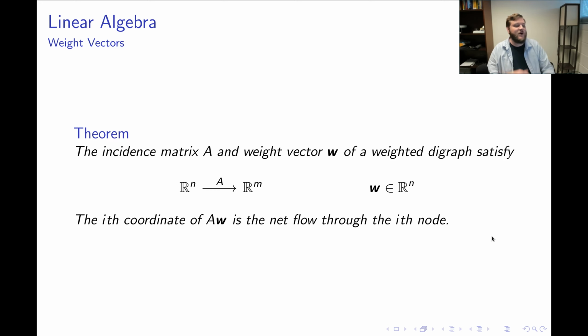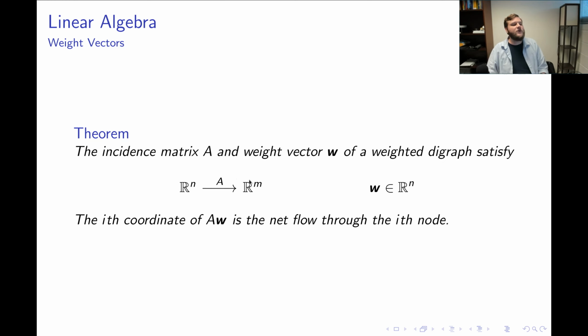So we can summarize this with a theorem. In any situation where you're studying a weighted directed graph, if you have m nodes and n arrows, your incidence matrix will be m by n, which in arrow notation is communicated as A goes from Rn to Rm, and your weight vector has exactly one scalar per arrow, which means it is a vector in Rn.